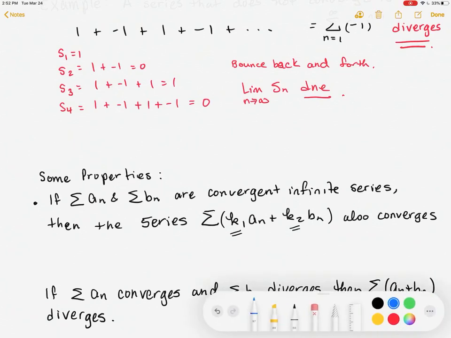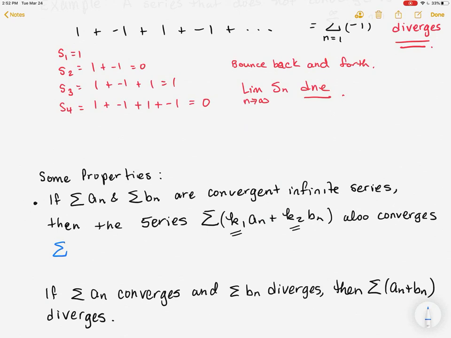Let me do that in blue. The series adding a bunch of 9/10ths together, so 0.9 to the k, plus the series 1 over k times k plus 1. If I add those together and make a new series, convergent plus convergent is convergent.